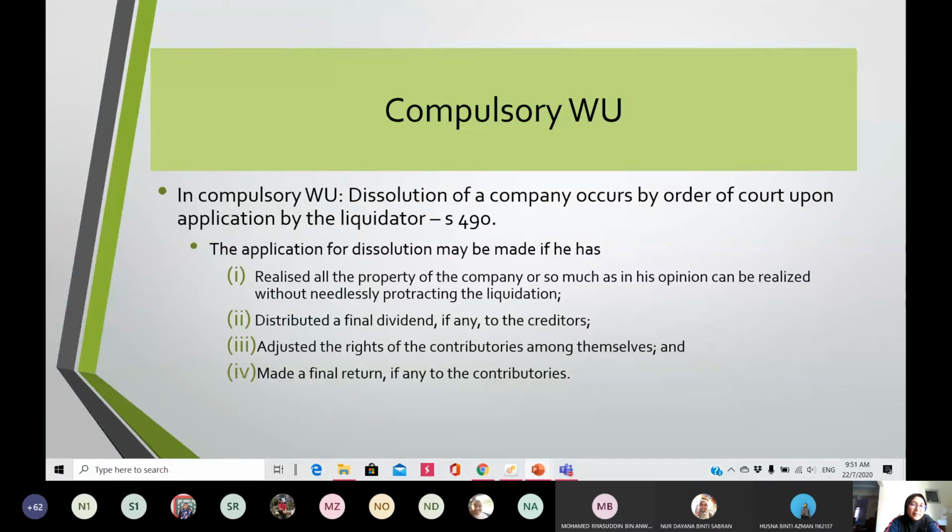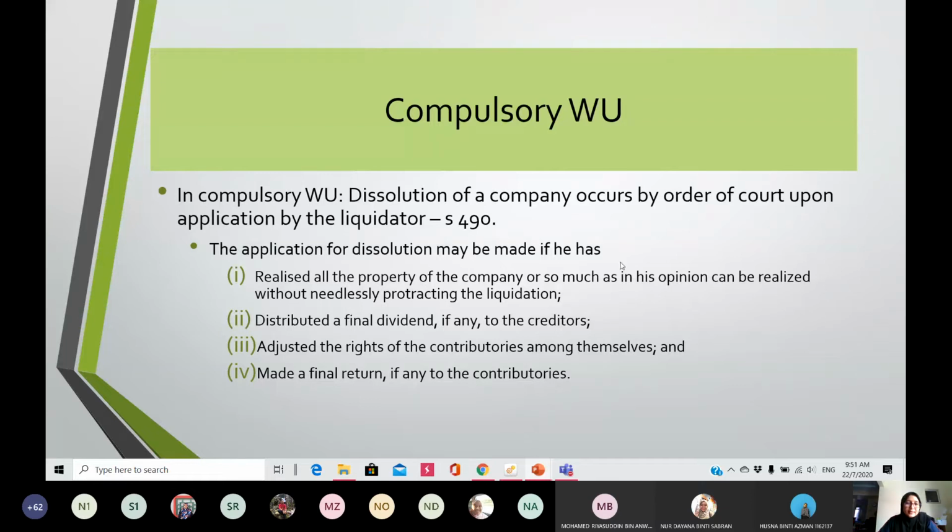So dia berbeza dengan yang members voluntary winding up. So in which the final process will be by final meeting. Okay, and then dia punya resolution from the final meeting tu is to be lodged in the ROC. Tapi yang untuk compulsory winding up is the court to dissolve.